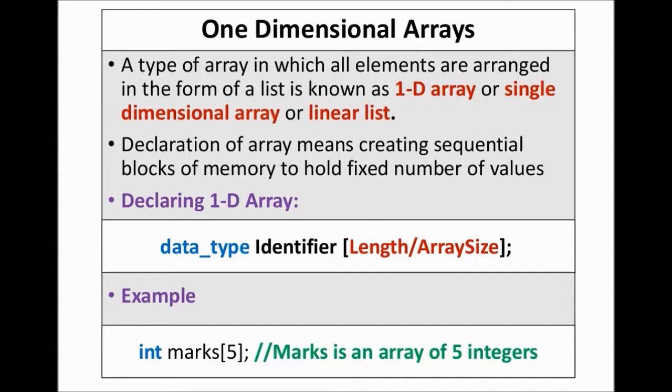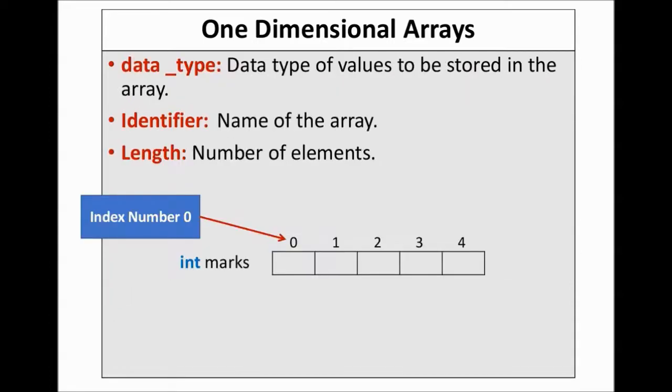So if we write int marks[5], the data type of values to be stored in the array is int, and marks is the identifier or the name of this array, and 5 is the total number of elements in the array.